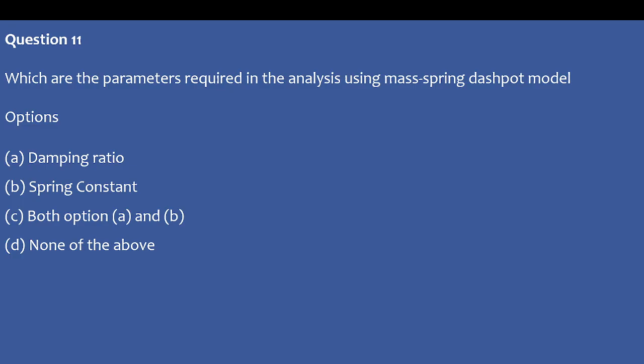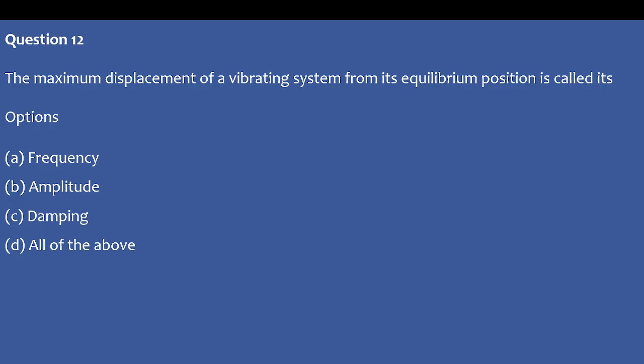Question number 11. Which are the parameters required in the analysis using the mass spring dashpot model? Sir, option C, both A and B. Yeah. Let's move to question number 12. The maximum displacement of a vibrating system from its equilibrium position is called its.